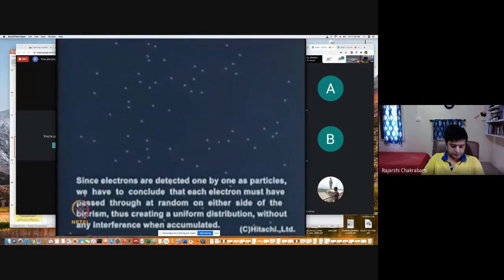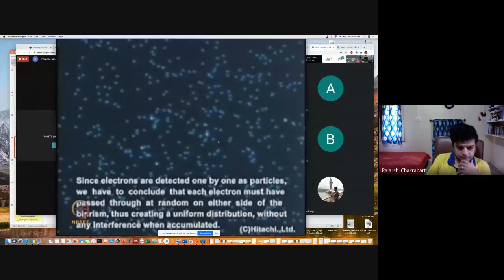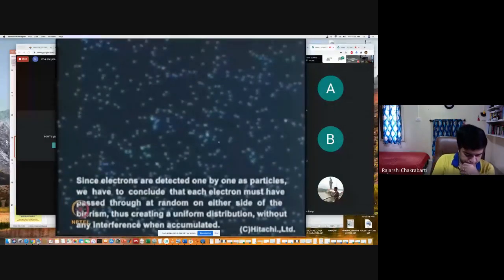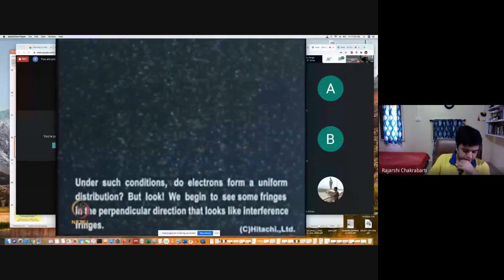Since electrons are detected one by one as particles, we have to conclude that each electron must have passed through at random on either side of the biprism, thus creating a uniform distribution without any interference when accumulated. Under such conditions do electrons form a uniform distribution.